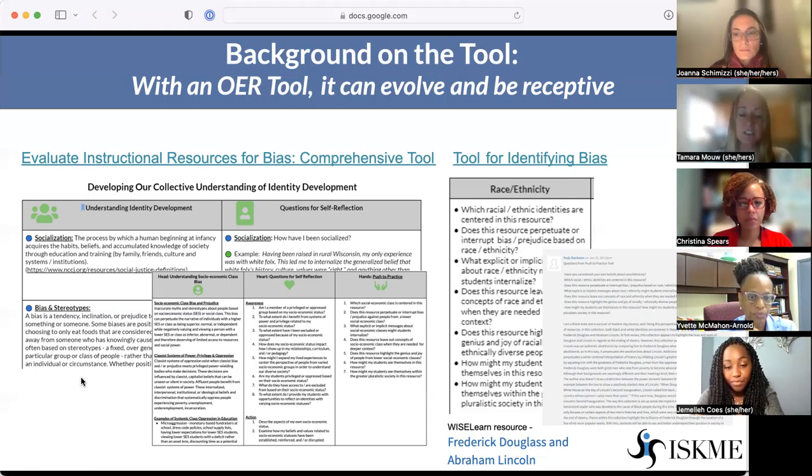How are they working with selecting instructional resources that represent our pluralistic society?